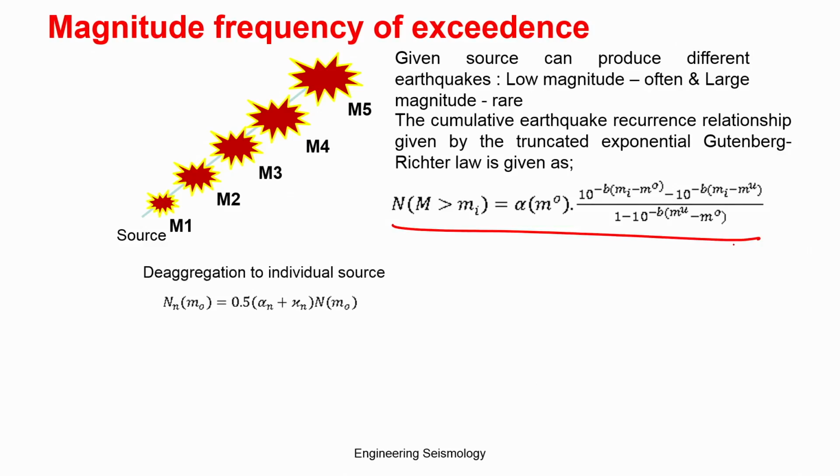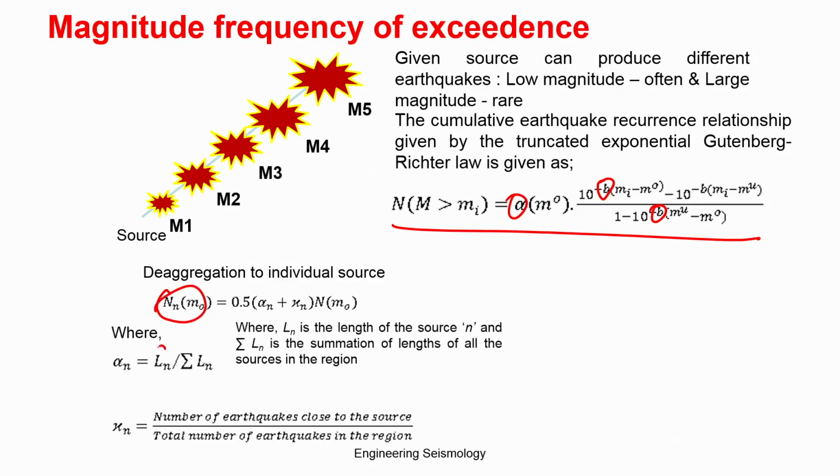Here you can see the alpha and b value. Those are all functions of your Gutenberg-Richter relation, developed for the entire region's a and b values, which you can narrow down to your particular source by doing a de-aggregation, considering the length of the source, the total length of the sources in the region, the number of earthquakes in the particular source, and the total number of earthquakes.